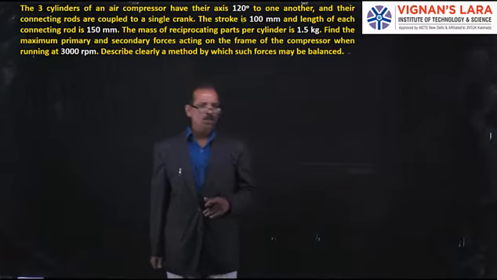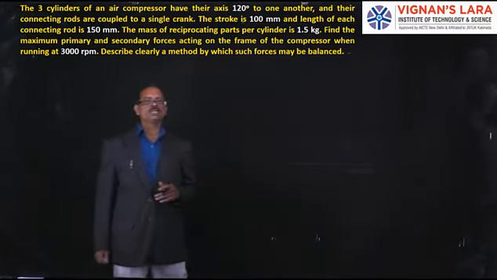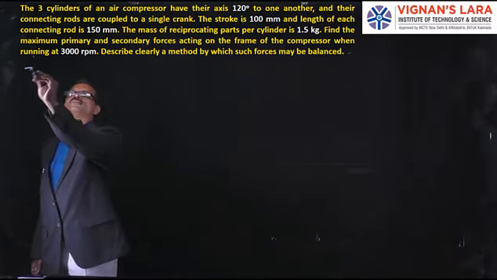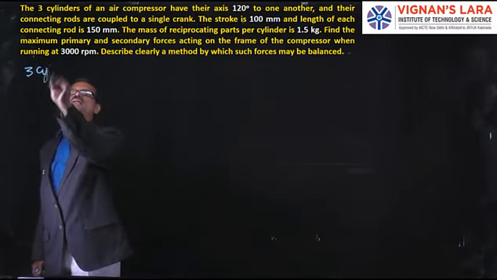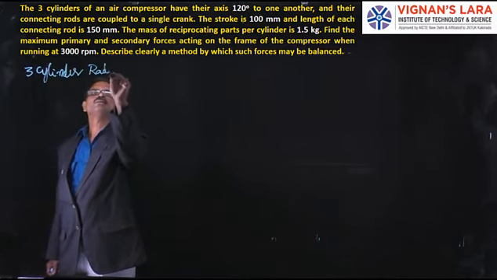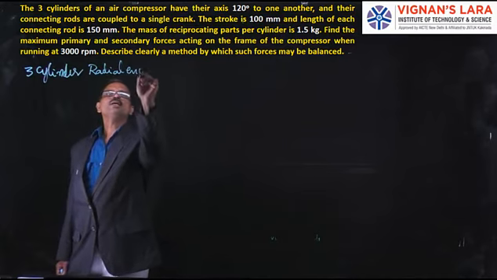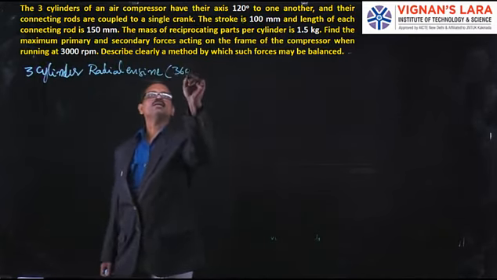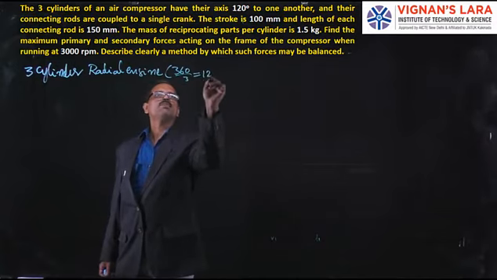Okay, so let us see how to proceed with this problem with the given data. It is a 3-cylinder radial engine. So naturally, if it is a 3-cylinder, 360 by 3, the cylinders are 120 degrees apart.